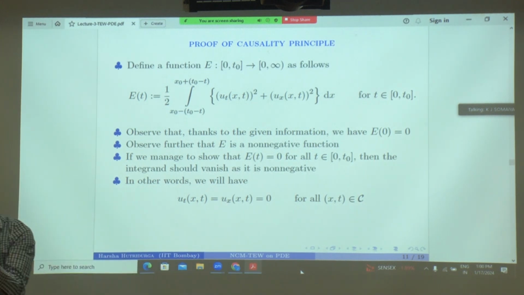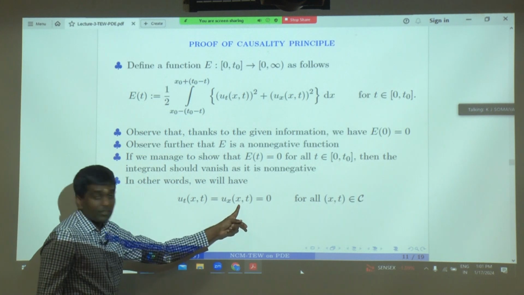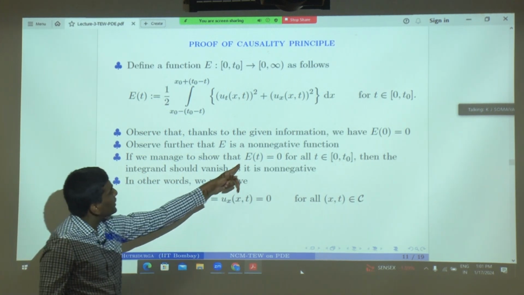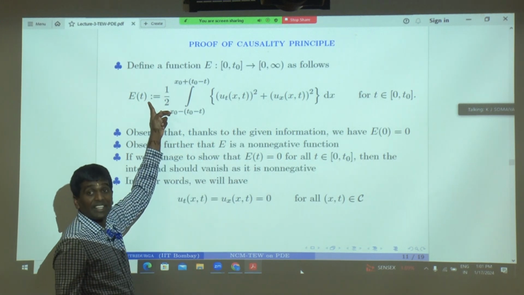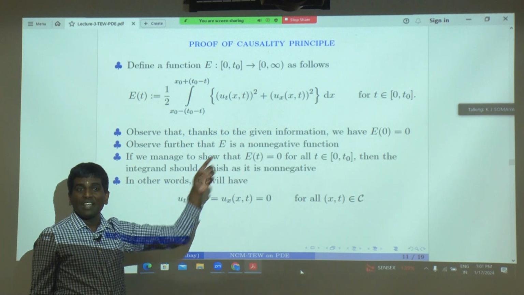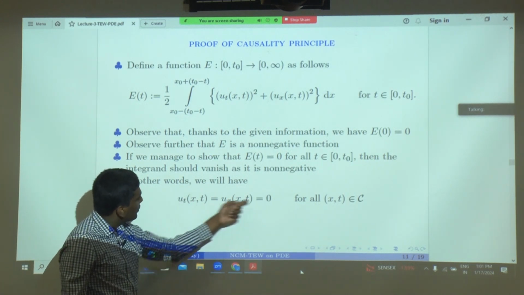You have got a function of two variables whose gradient is 0. That means the function has to be a constant. Is that clear? This is again from calculus. How do you show that a function is constant? You have to just show that the gradient vanishes. And that can be deduced if we manage to show that this function is identically 0, which helps us decide that the integrand should be identically 0, and that's the sum of two square terms, so each of them should be identically 0. So that's how we get that.